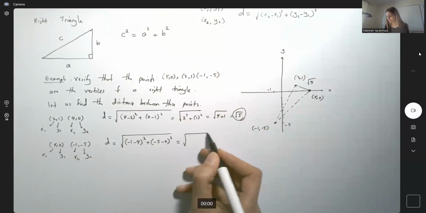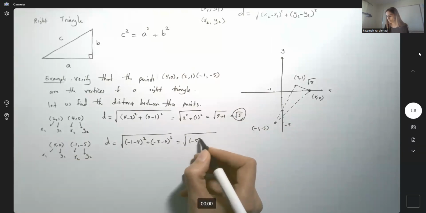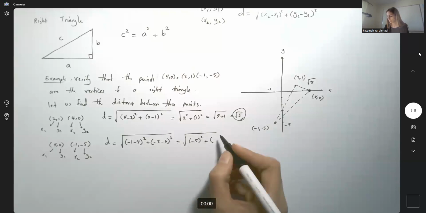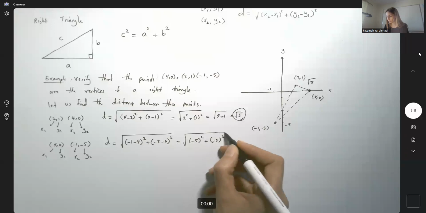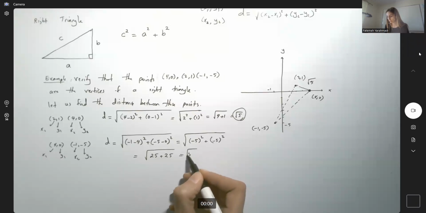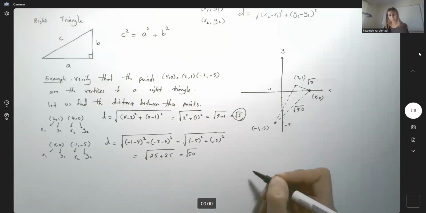This is equal to the square root of -5 to the second plus -5 to the second. Well, this becomes the square root of 25 plus 25, or square root of 50. This distance is square root of 50.